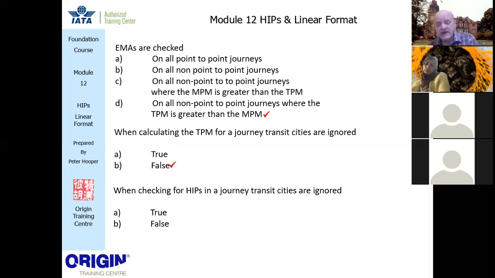But when we do HIPs and the fares, we can ignore transit cities. In an exam, under pressure, it's easy to get a little confused. When checking for HIPs in a journey, transit cities are ignored. True or false? True. So you've got the two things. For TPM, every city is included. For HIPs, transit cities are ignored. Okay?